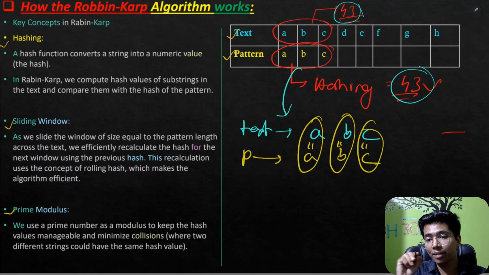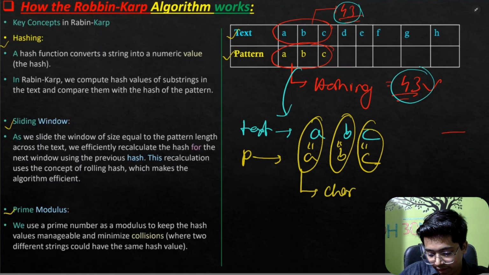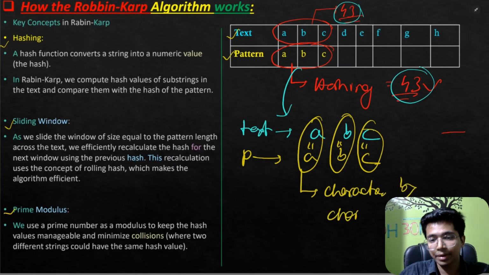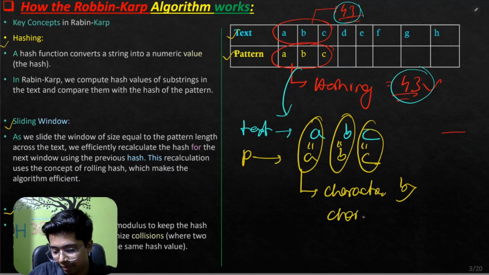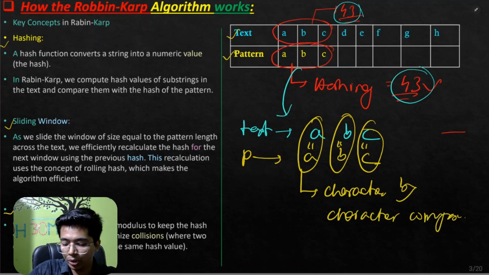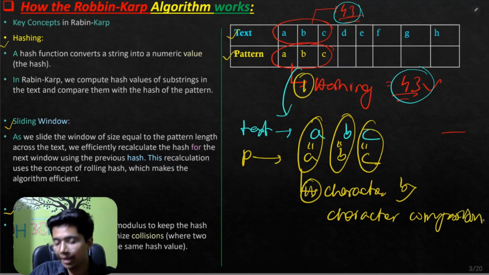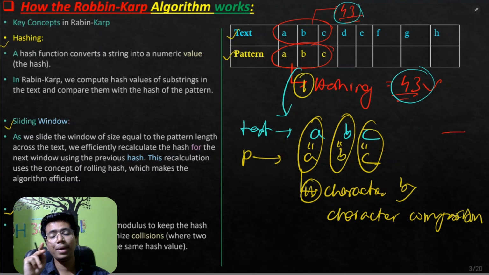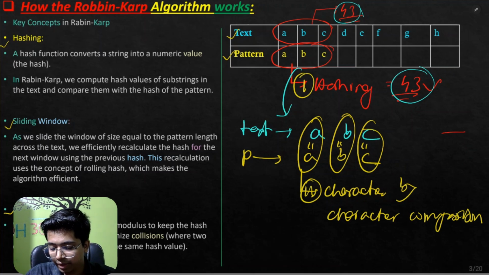This is called character by character comparison. So first we check for hashing. Second step, we perform character by character comparison. So that is the hashing.